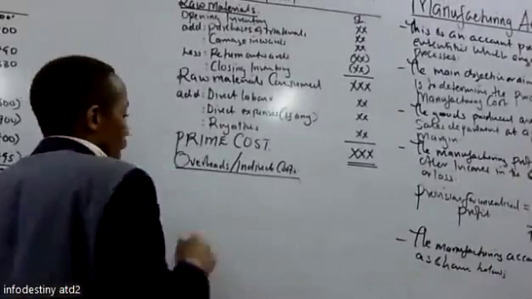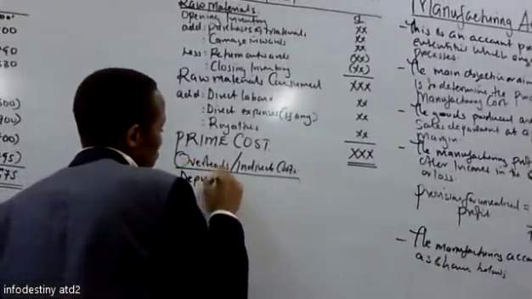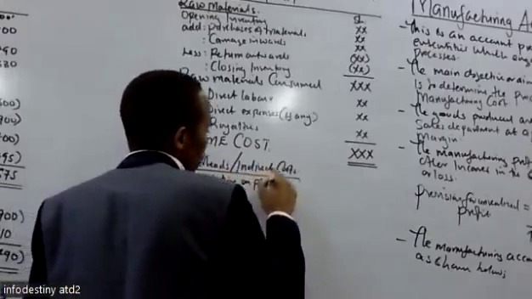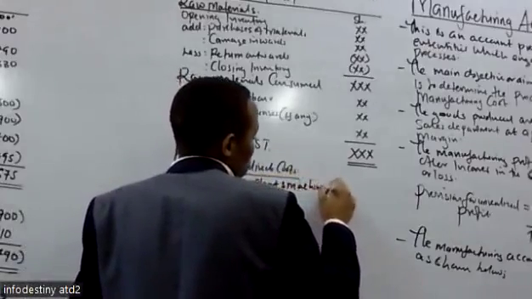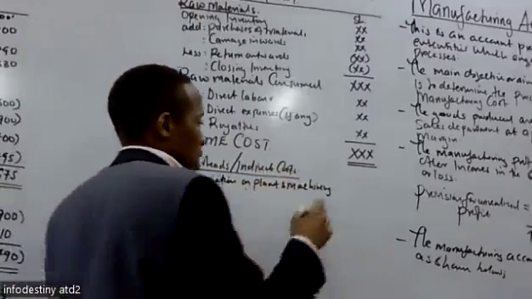So we have one, depreciation on plant and machinery. This one we record it here 100%.